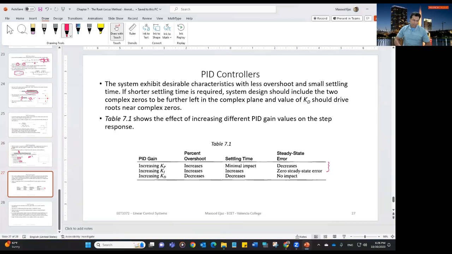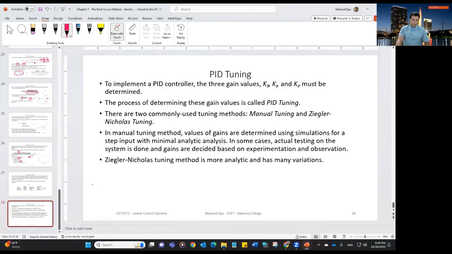The idea is pretty straightforward as to how you're going to control the error using the three blocks. And how do you change the value of the three gains? There are two commonly used ways, manual tuning and Ziegler-Nichols tuning.